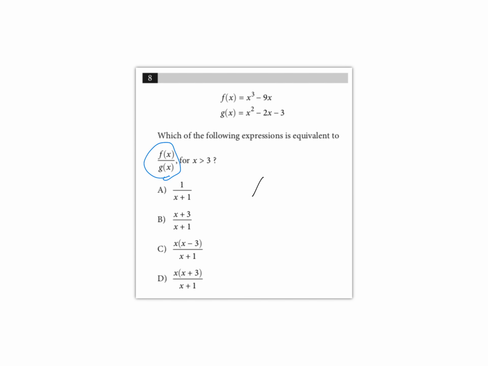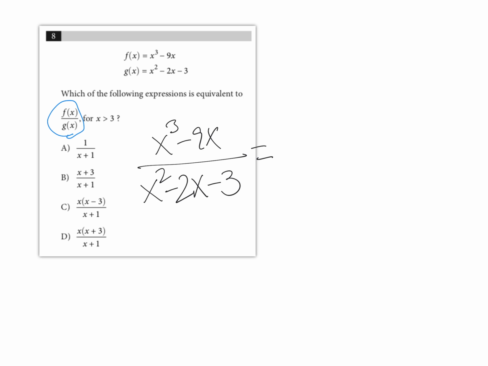So f of x, x to the third minus 9x, divided by g of x, x squared minus 2x minus 3. In the numerator, you should be noticing that both of my terms have a GCF of x. They both have at least one x. So I'm going to factor out an x, so I get x squared minus 9.